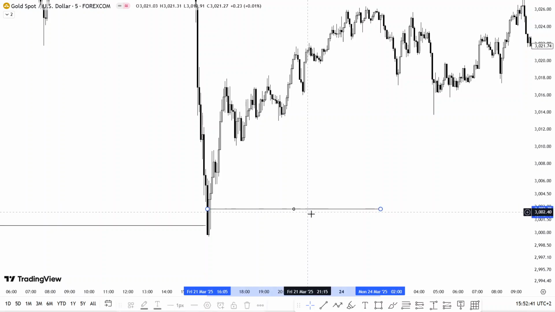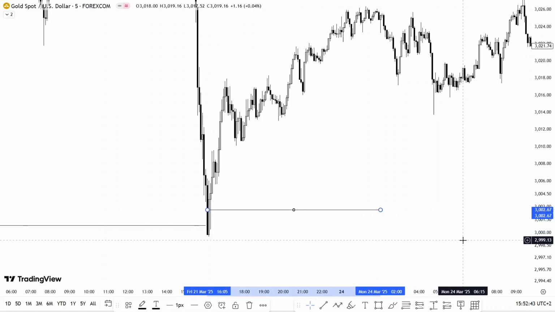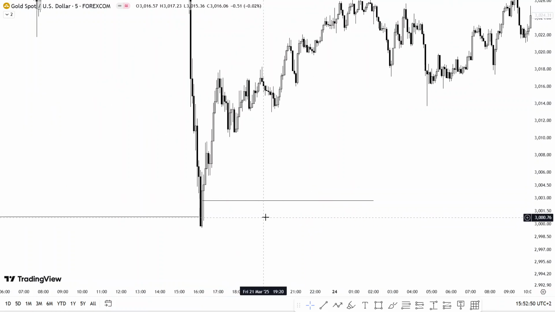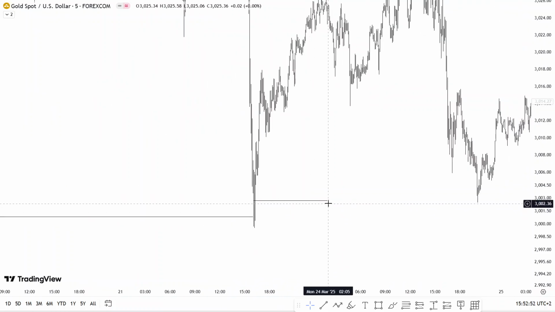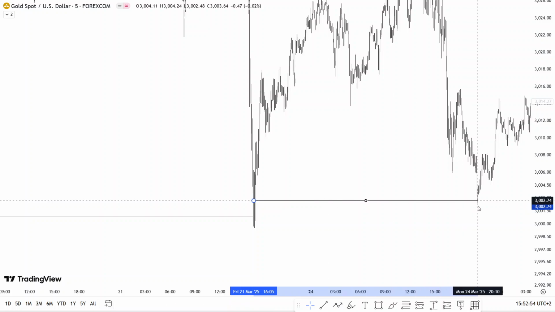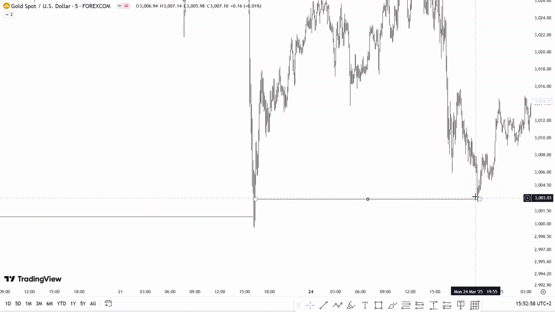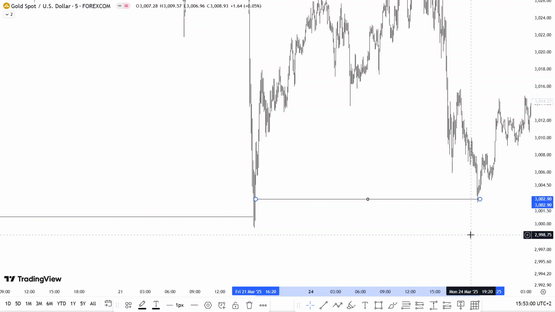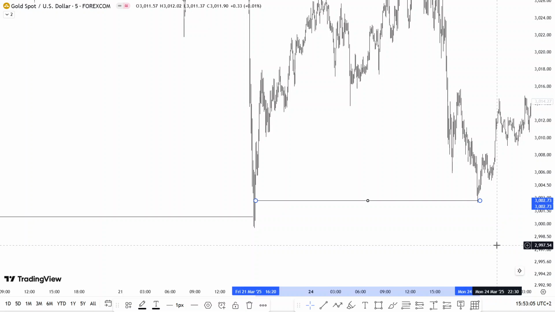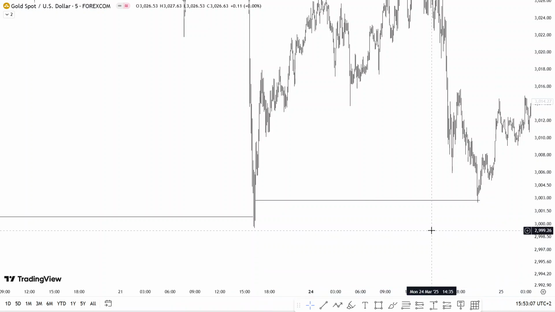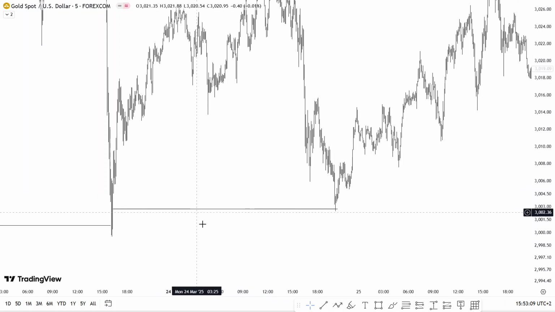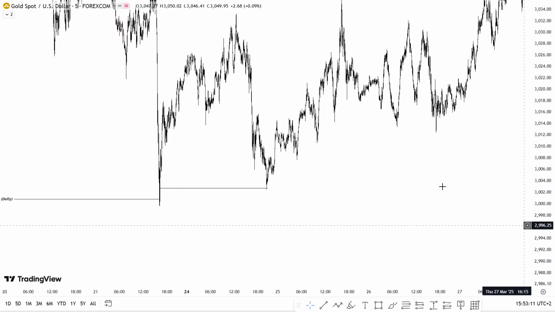Let's just mark it at 4 because it's obviously just to round it up. So you can clearly see that price ended up trading into that area exactly, right? Doesn't really matter. You can see that that's where price ended up trading into.